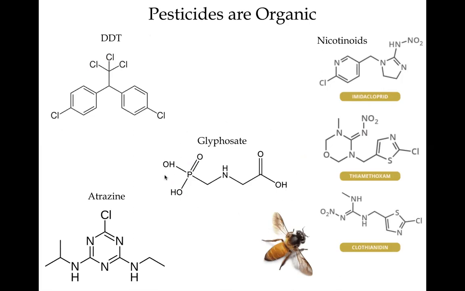Glyphosate, that is a pesticide that is contributing to, or at least strongly associated to, the decline of the bee colonies. That is an organic compound. Nicotinoids, these are organic compounds, okay?